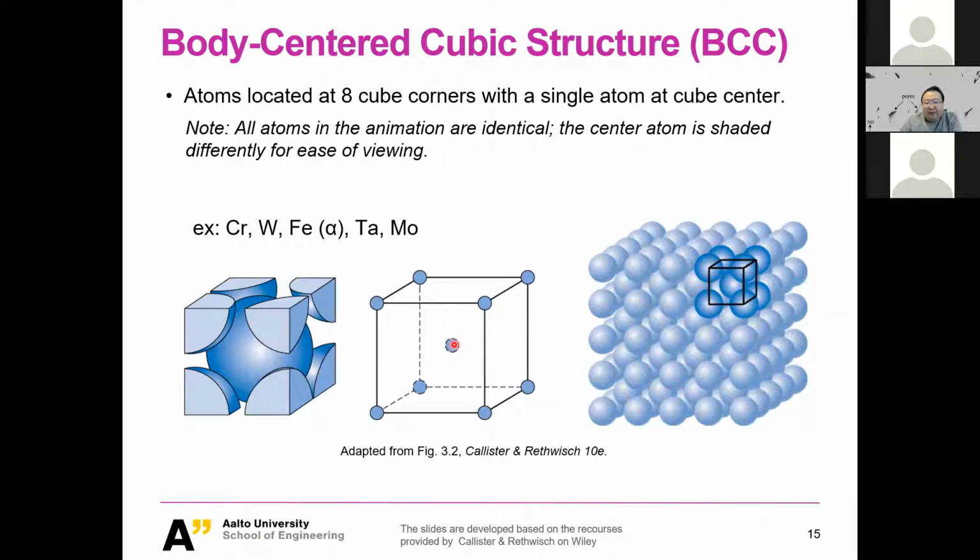Some typical examples of this structure are chromium and alpha iron. You may be wondering what alpha is here; the reason for this will be given later in our course when we get to phase diagrams and so on. And many metals. So this is already one of the most popular crystal structures.